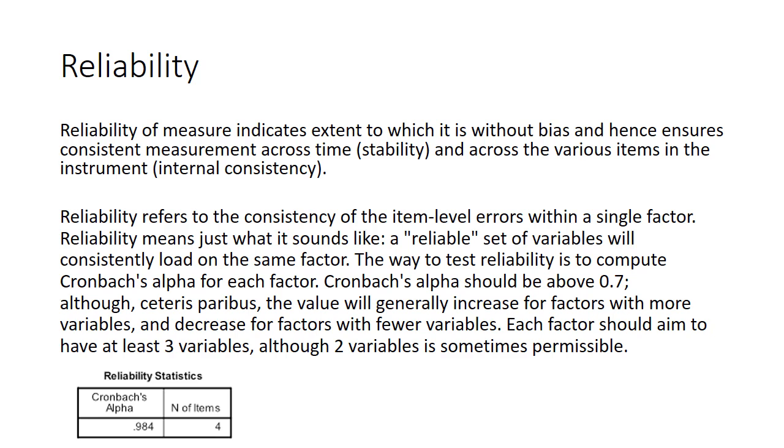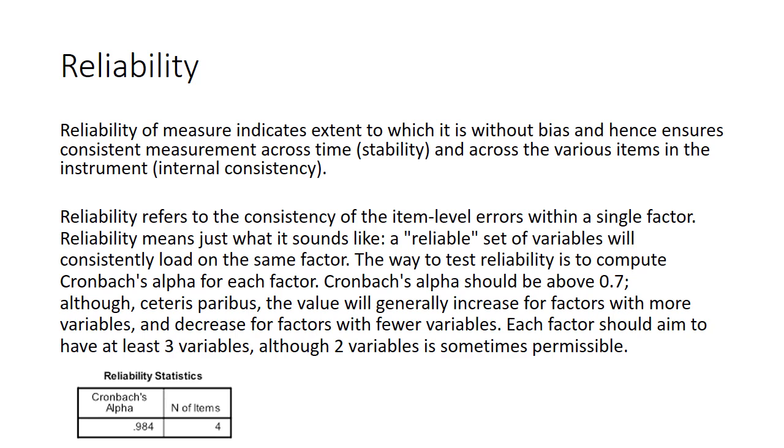The way to test reliability is to compute Cronbach alpha for each factor. For each variable, Cronbach alpha should be above 0.7. Although, ceteris paribus, as a rule of thumb, the value will generally increase for factors with more variables and decrease for factors with fewer variables. So when you increase the items, the value will increase.